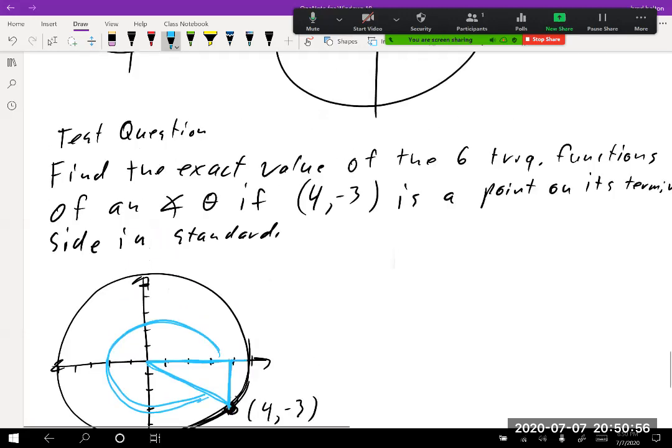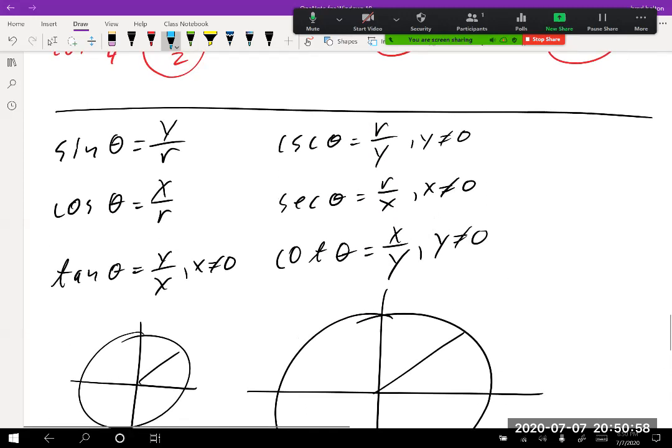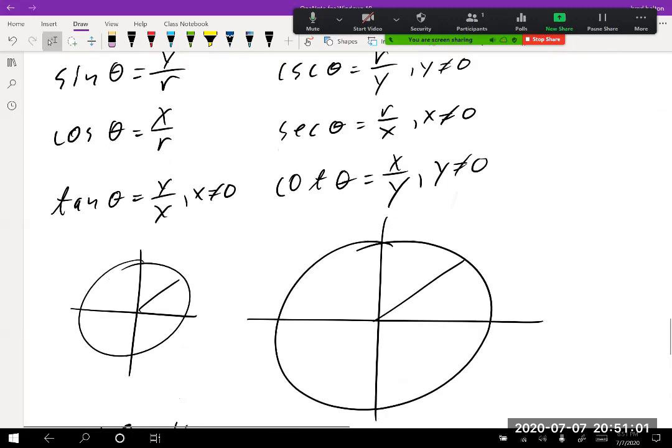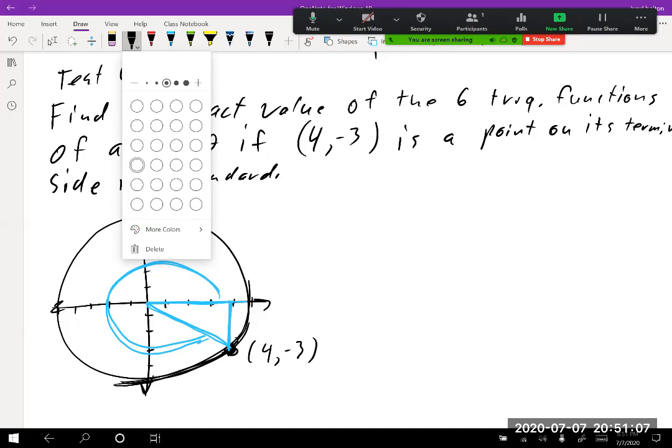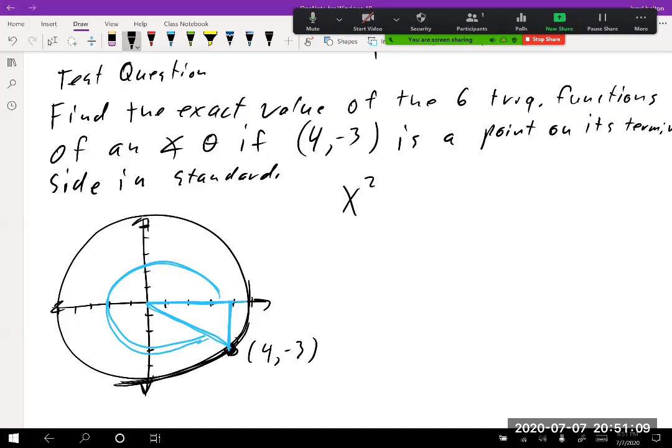So in this formula, you notice in the theorem, it states that we have to find r. So the first thing we need to do is find our radius, okay? So we're gonna do x squared plus y squared is equal to r squared, right? Because that's the formula for a circle.